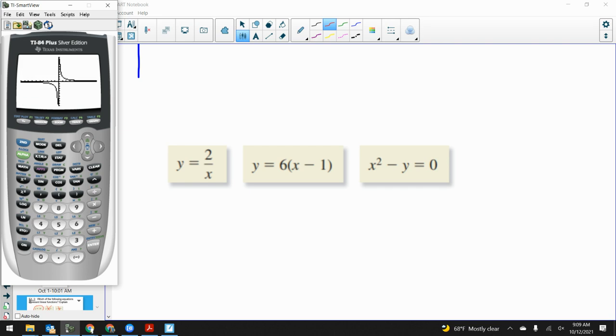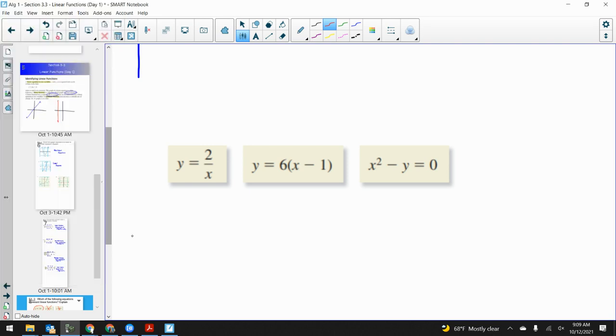You get these graphing calculators in algebra too. But is that a straight line? No. So what was weird about that? It goes from negative to positive. Right. But in terms of the equation, how would I tell just by looking at the equation? Because it was divided by x, that piece right there.